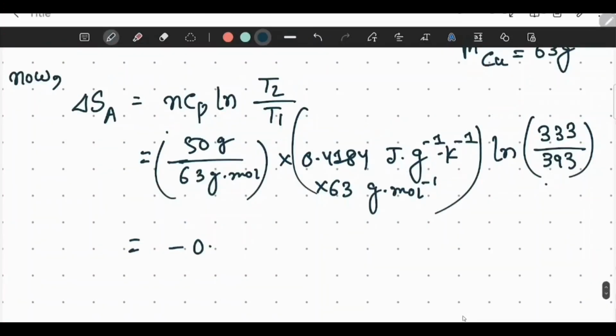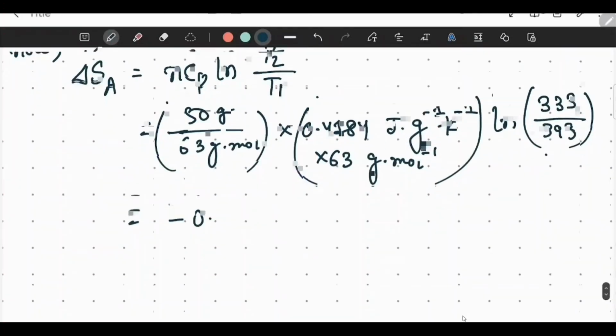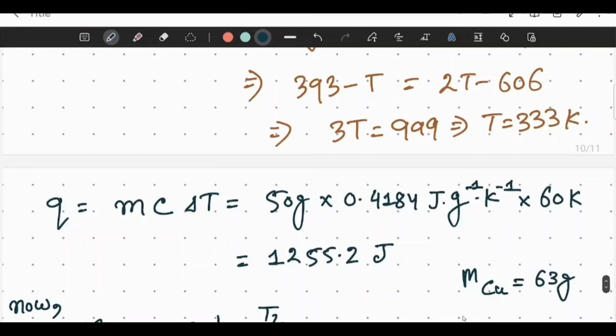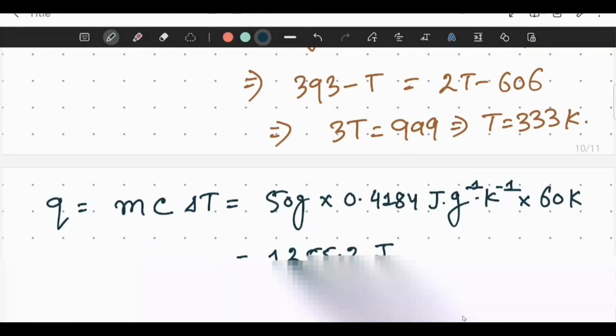Why? Because this is molar heat capacity. This is molar heat capacity for 1 mole. This heat capacity is joule per, no, this is joule per gram inverse.